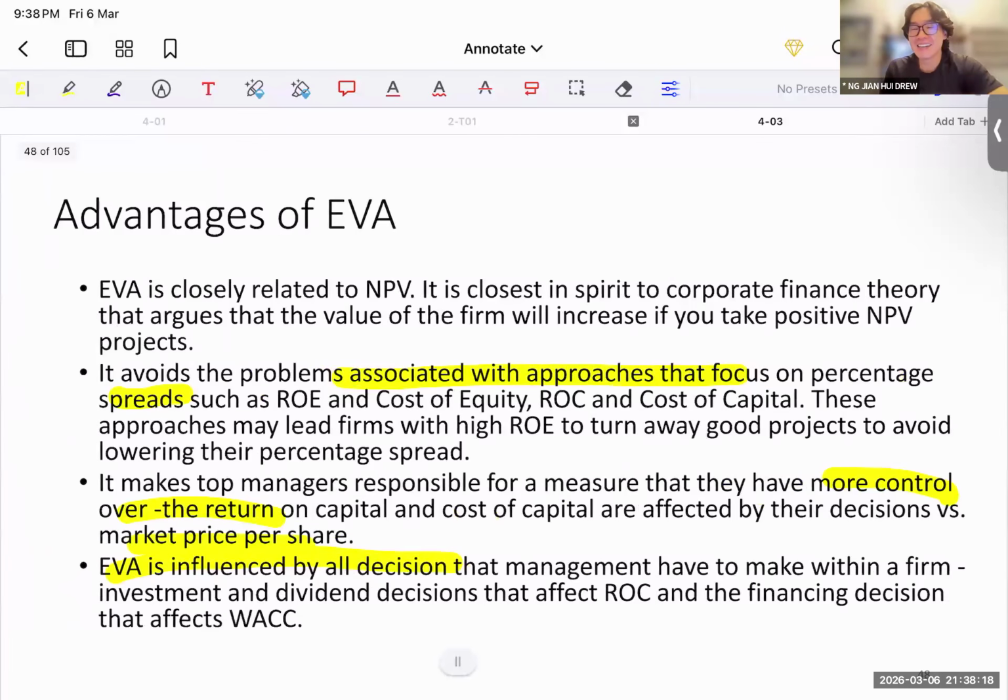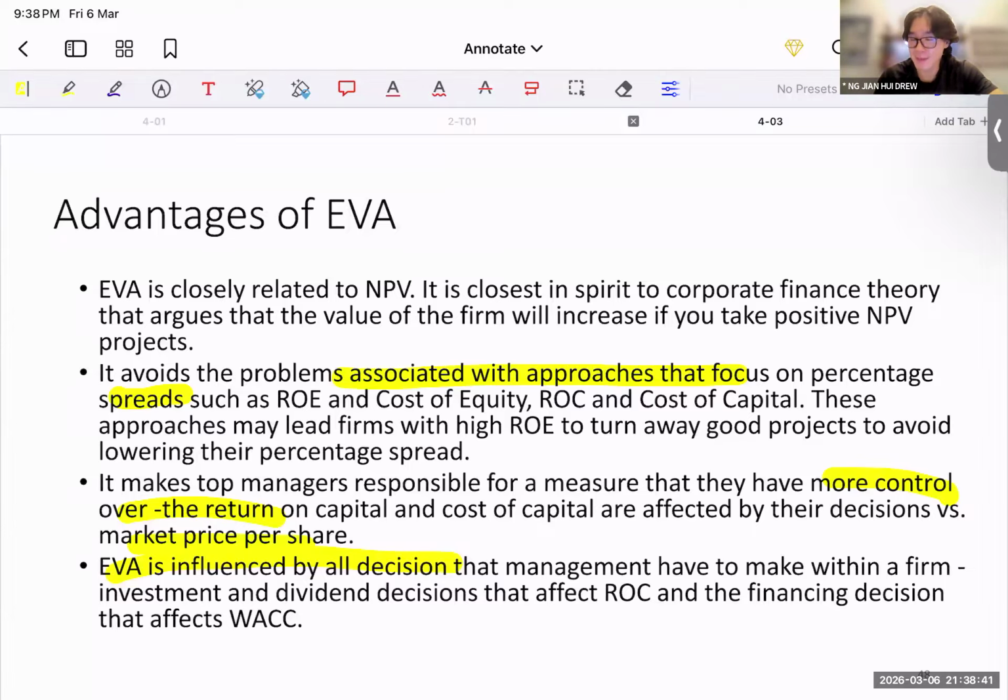I guess you might be relieved that you have covered all the quantitative methods of valuation. Hopefully by now, this gives you a very good grasp of how you're going to tackle your GBA, because you will have to use at least one of these methods.